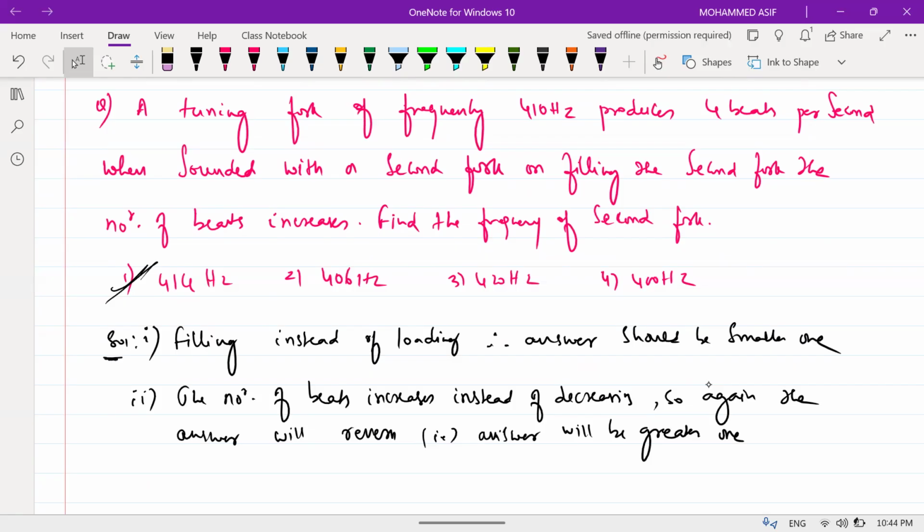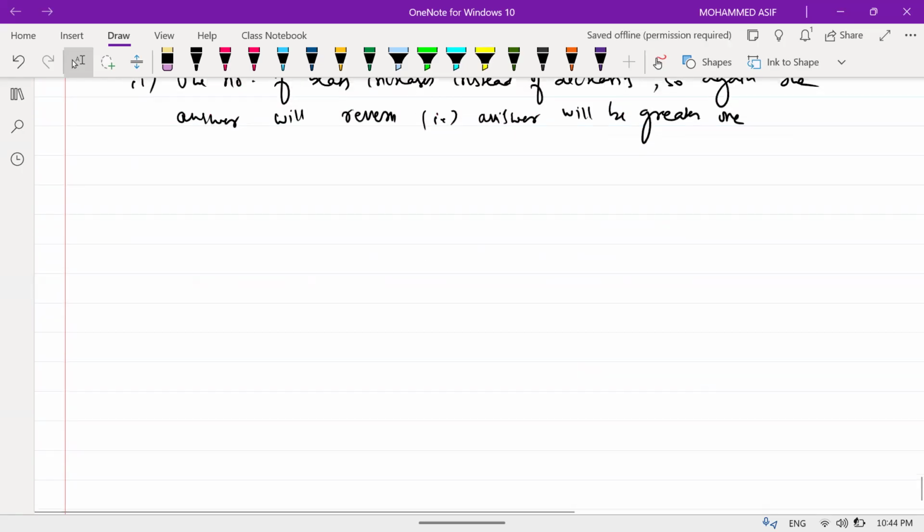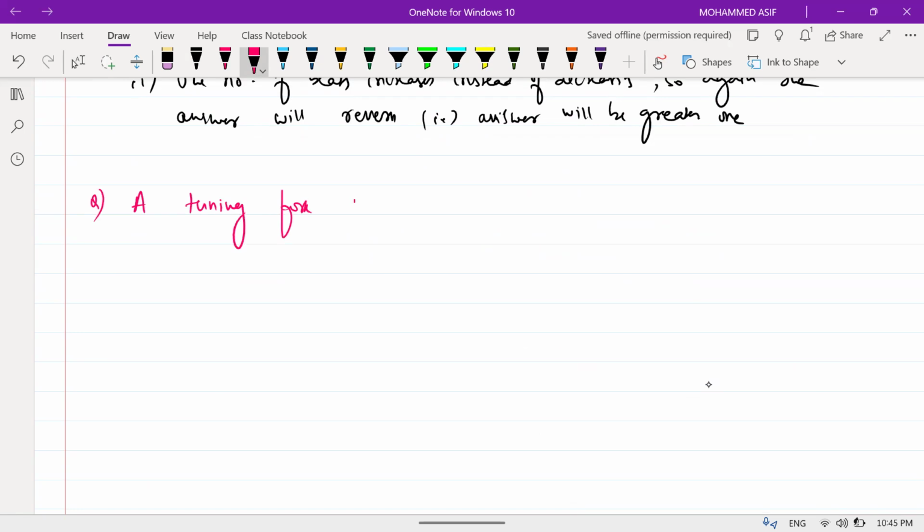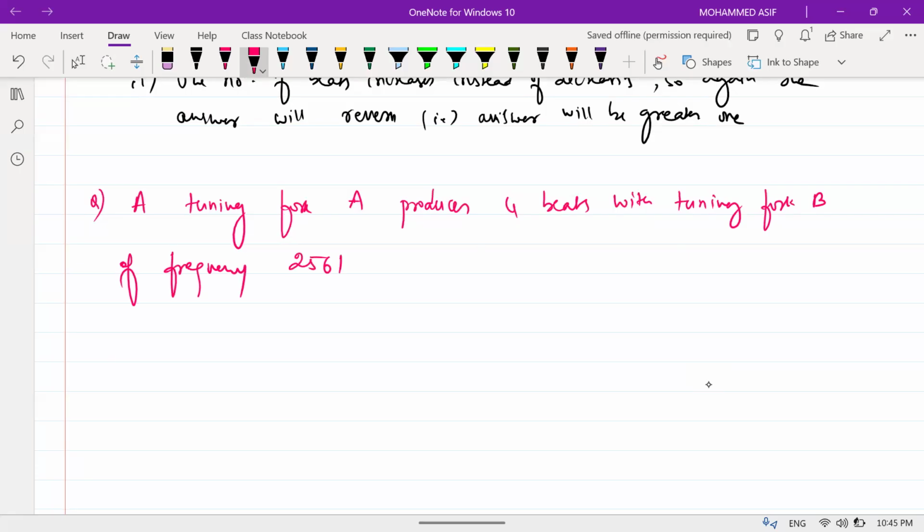Sure. Tell me the answer. Let me see how much you understood with this one. A tuning fork A produces 4 beats with tuning fork B of frequency 256 hertz. Okay.